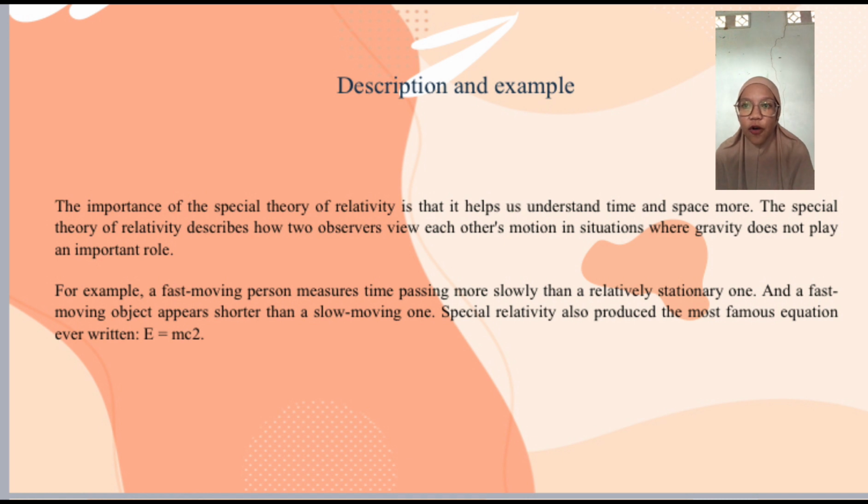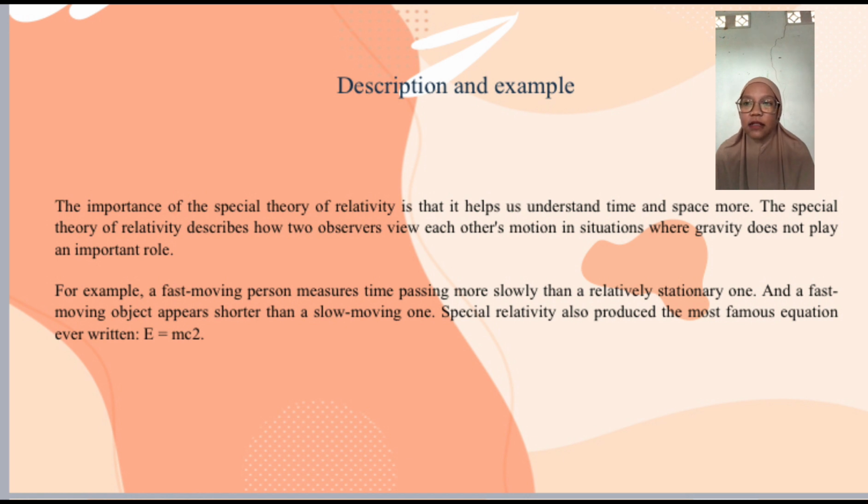The importance of the special theory of relativity is that it helps us understand time and space more. The special theory of relativity describes how observers view each other's motion in situations where gravity does not play an important role.